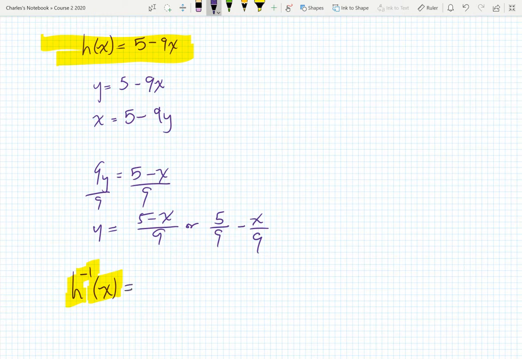Okay, h inverse of x is equal to, and I'm just going to take that and write 5 minus x over 9. And this is the prelude to the final step.